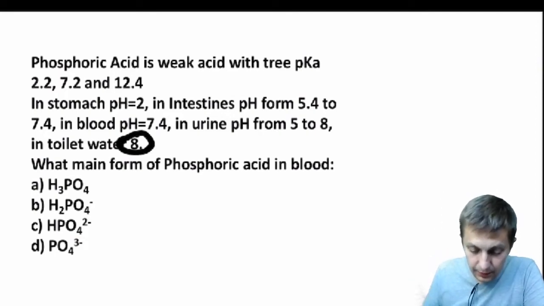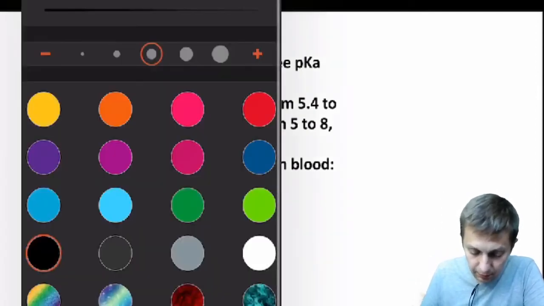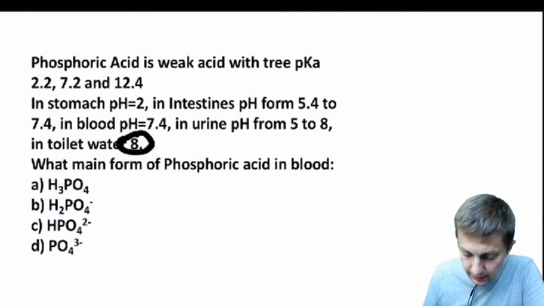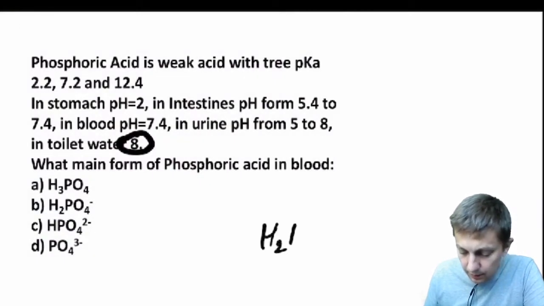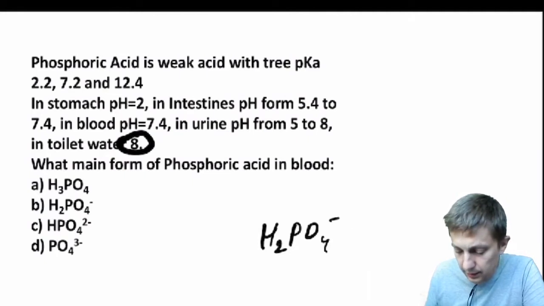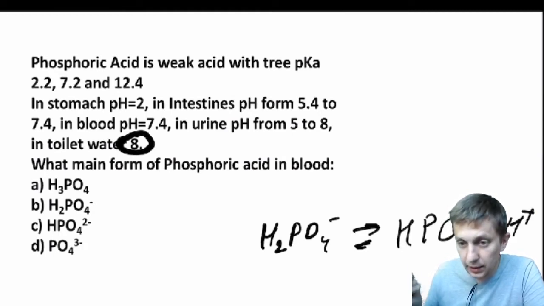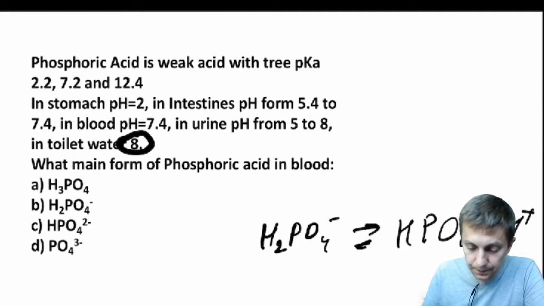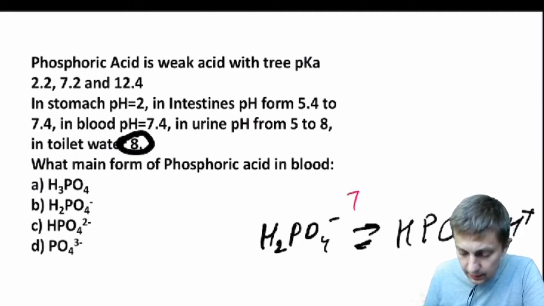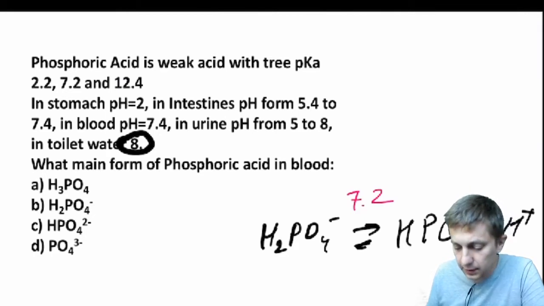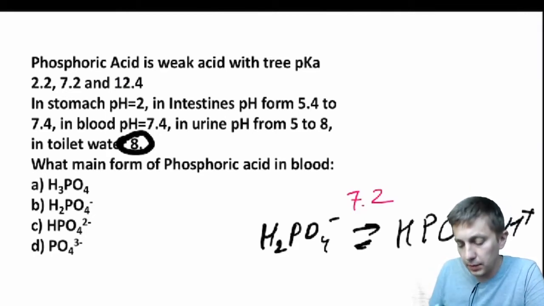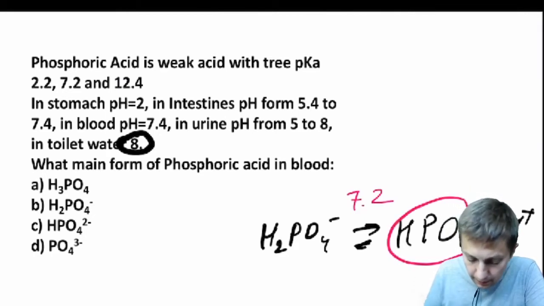So like in the previous case, for the second stage equilibrium, H2PO4 minus reversibly dissociates into HPO4 2 minus plus H plus, and the equilibrium will be at 7.2, but we have 8, so the major form will be the same.